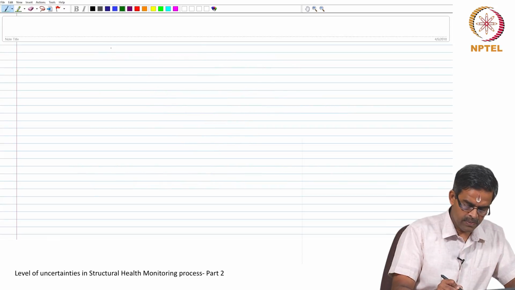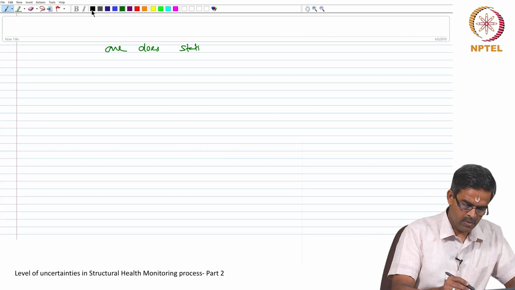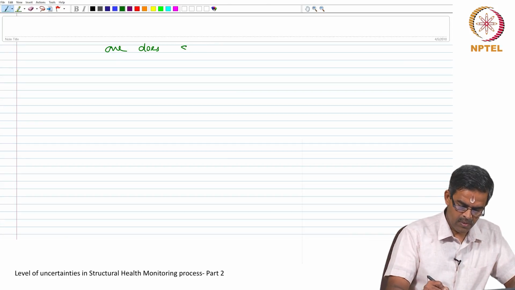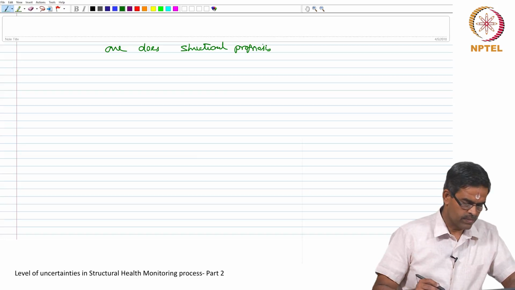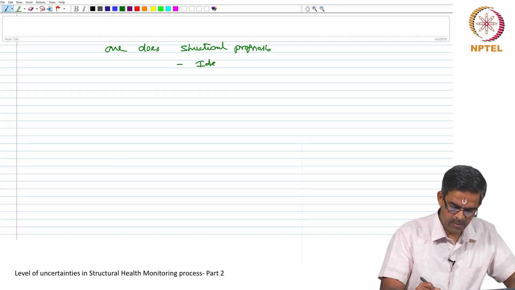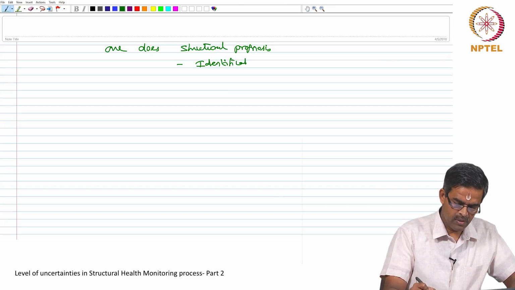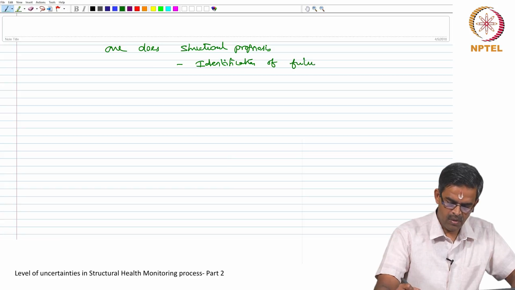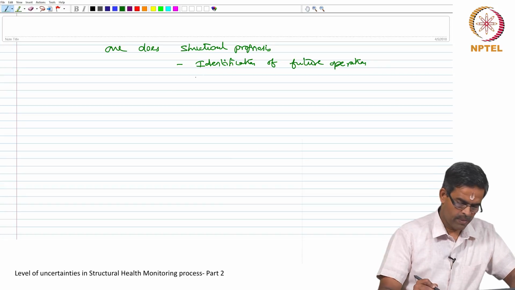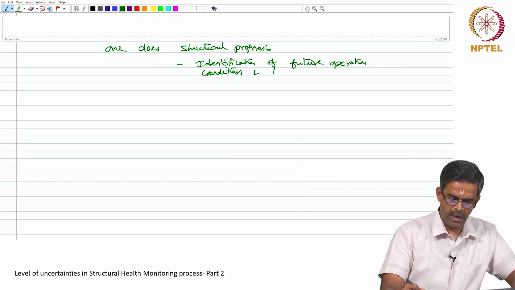So, one does structural prognosis, which is identification of future operation conditions and loading.